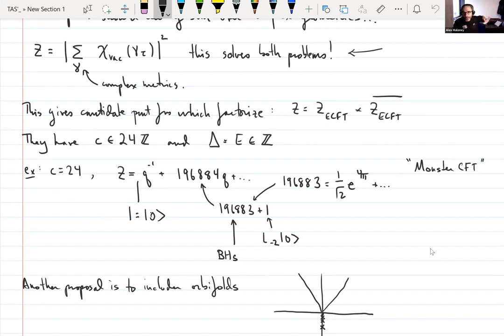There is a way around this. You could study what people call topologically massive gravity, or, more properly, chiral gravity, which is a theory of gravity that is holomorphic on its own. And in that case, you're really only summing over 1 copy of SL(2,Z). So that seems like something that's pretty easy to understand.